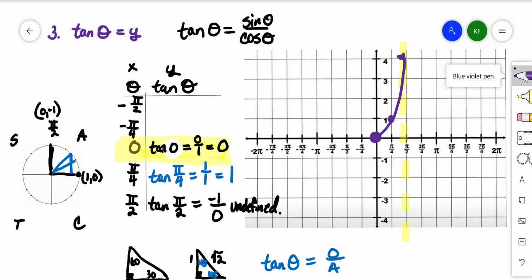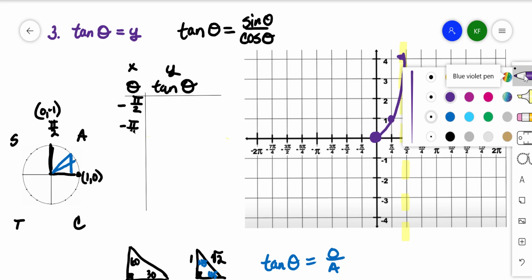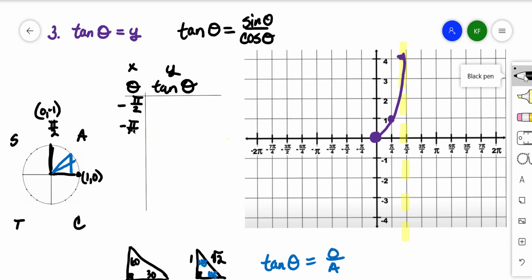Now I'm going to go in the other direction and do negative pi over 4 and negative pi over 2. Alrighty. So I'm going to do negative pi over 4 now.